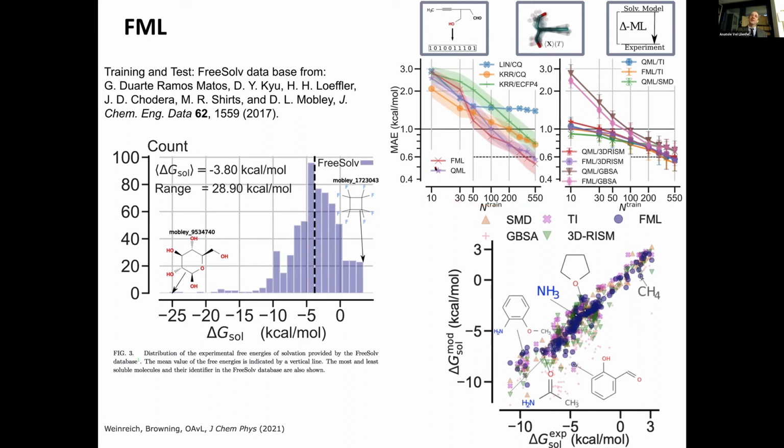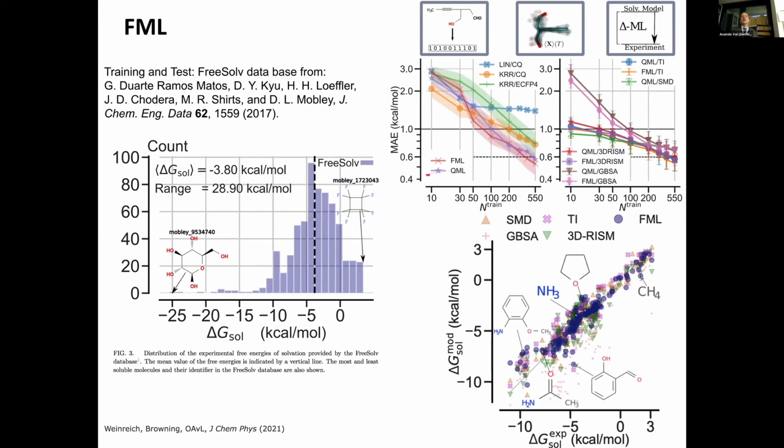The model I just described to you is the FML model, so this is the average one. The QML would be using just a single configuration, but it's not clear how representative this is. For the larger training set sizes, you then see that FML becomes better than QML, which is encouraging.